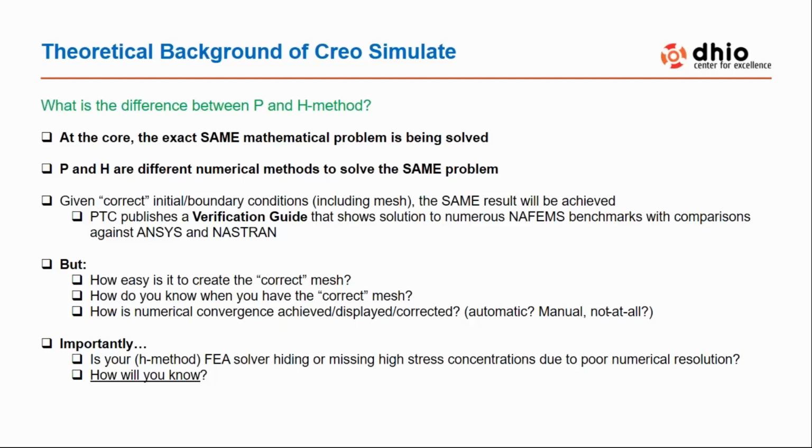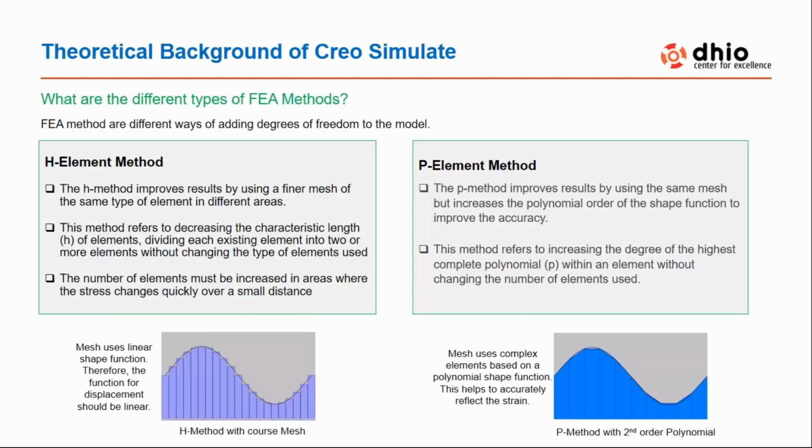But how do we know the mesh is correct? We need to check. And how do you know when you have the correct mesh? For example, in the H element method, suppose the design engineer is working on the back end, he cannot know where to reduce the mesh size, where to increase the mesh size, or where to maintain the aspect ratio.